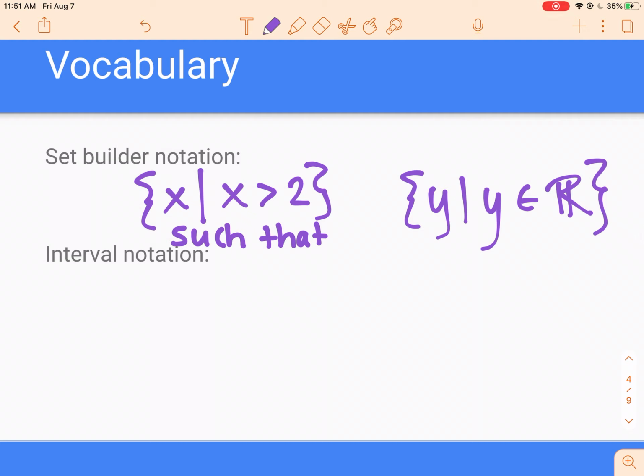Interval notation is one you're super familiar with. It takes any inequality such that, like, for example, X is greater than or equal to 4, okay? And it puts it, this is, by the way, not interval notation.